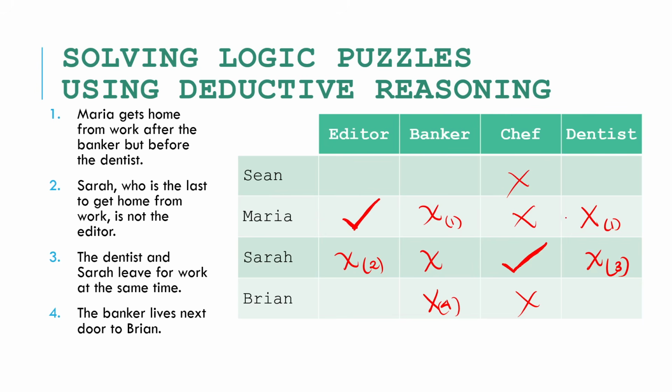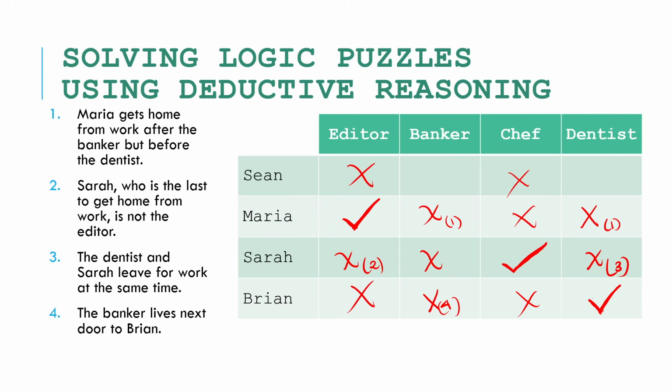All other occupations have been crossed out from our clues. Now, if Maria is the editor, then Sean and Brian cannot be the editor. And because of the elimination of other possible occupations, we could conclude that Brian is definitely the dentist because that's the only possible occupation left.